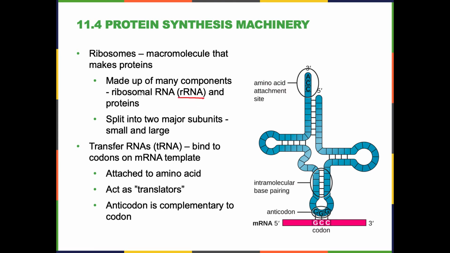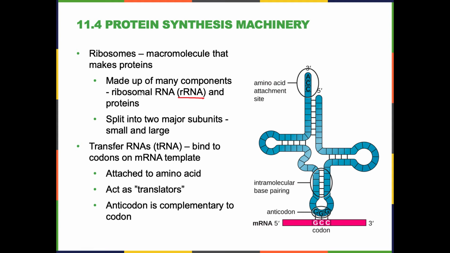So they're actually a combination of RNA and proteins, right? And there are multiple pieces to the ribosome, but there are 2 major subunits, the small and the large. And we call them that because the small one is small, the large one is large. Clever, right? Us biologists, like the things that we come up with.